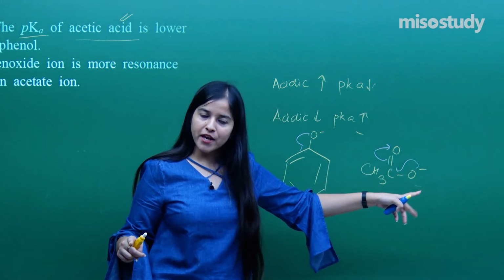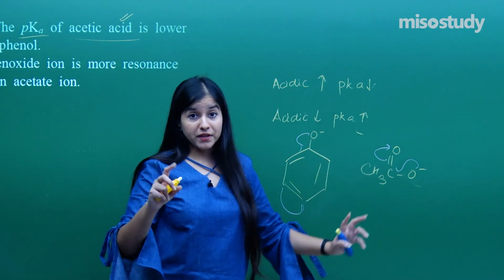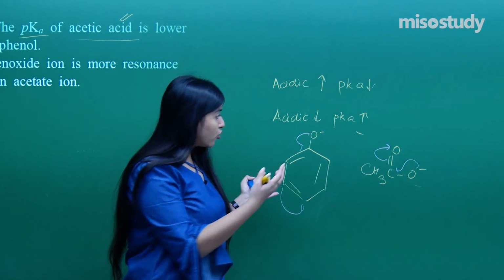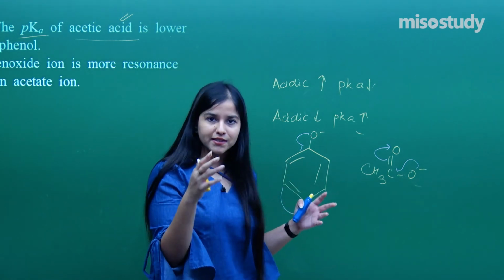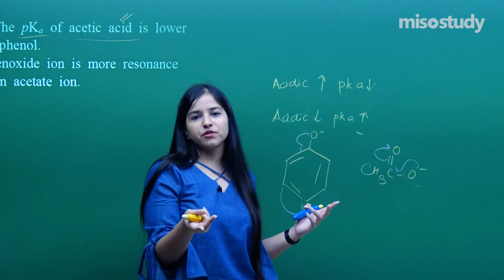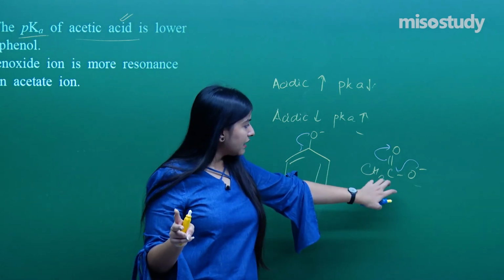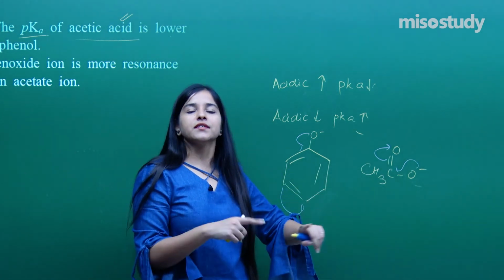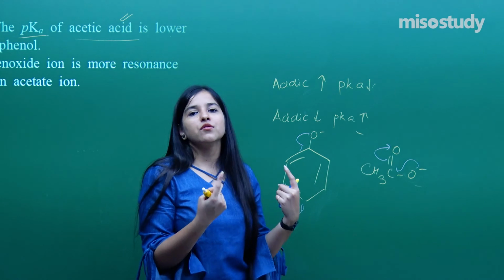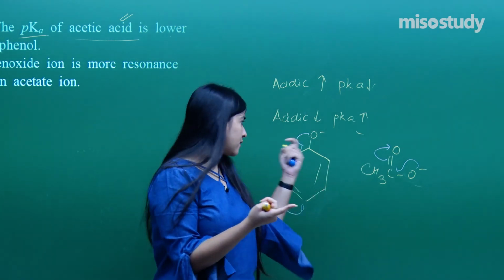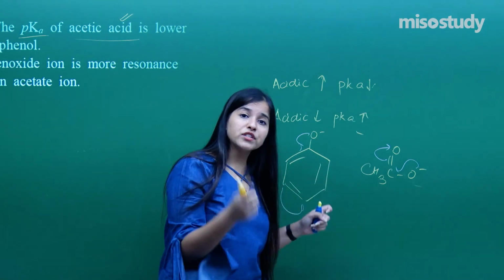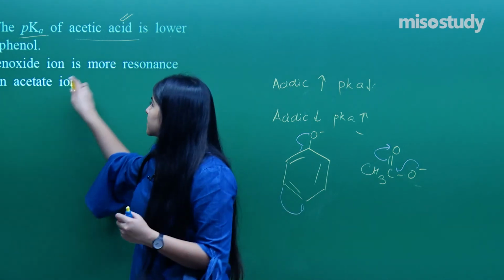So here the charge separation you get in this scenario will be more as compared to the charge separation over here. So basically I could not go by just the resonance structures, but by another concept, which is the charge separation. In acetate ion the charge separation is much less, and it will be more stable and more resonance stabilized as compared to phenoxide ion, which they have given incorrectly in the reason.